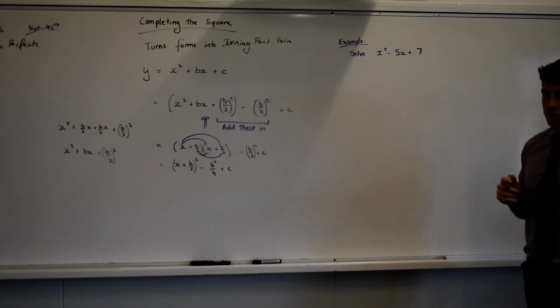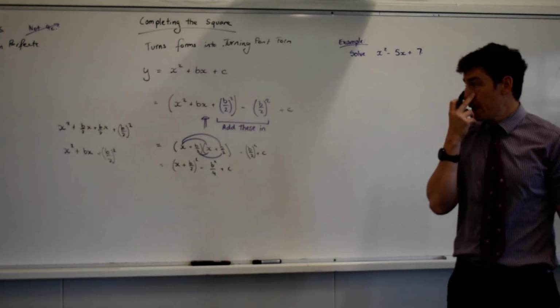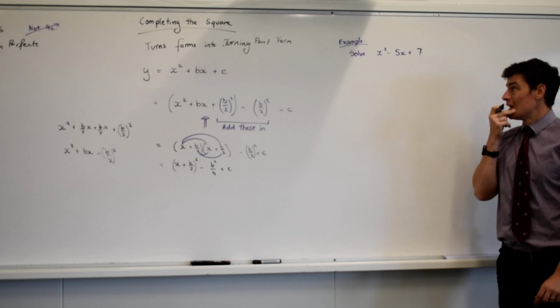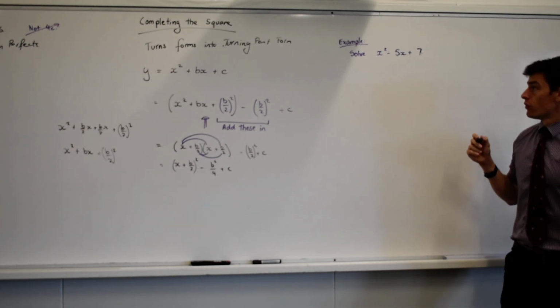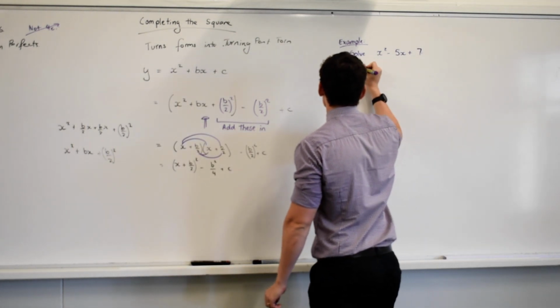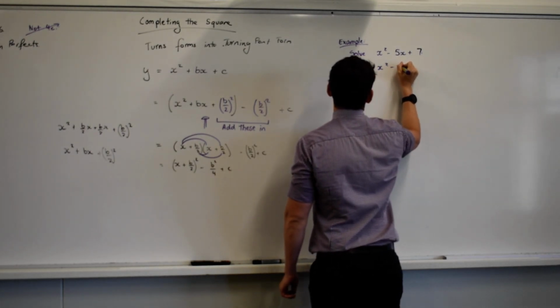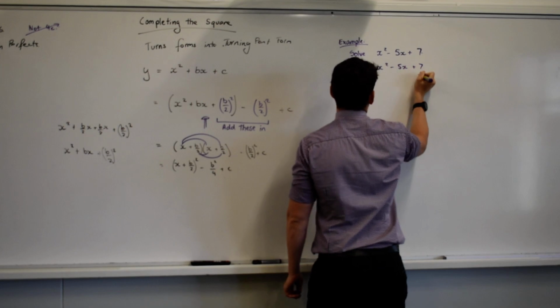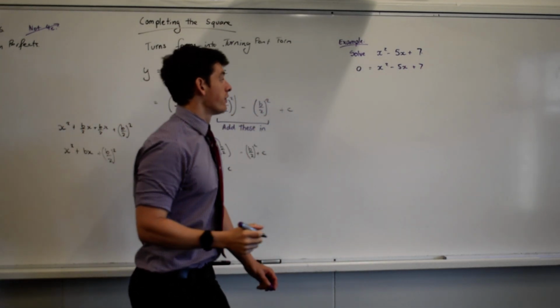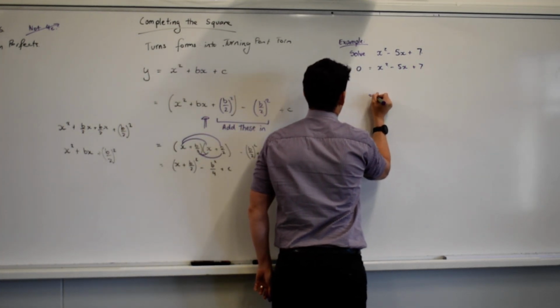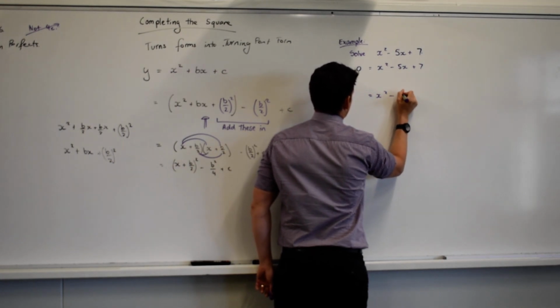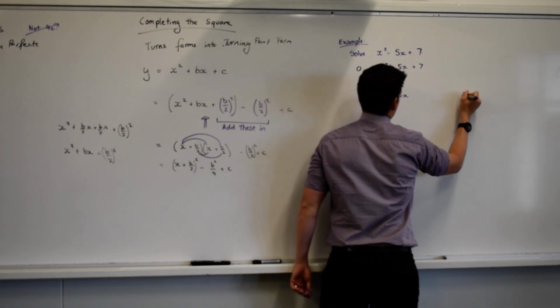Doesn't make a lot of sense when it's b's and c's, so let's use some numbers. Okay. So the first thing I want to do when I'm solving this, 0 equals, I'll rewrite my line. What's my b value again? -5. So the first thing I need to do is add the special value. So I'm going to have x squared, that stays exactly the same. I'm going to have plus 7.